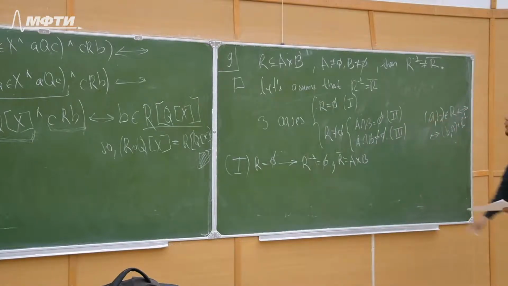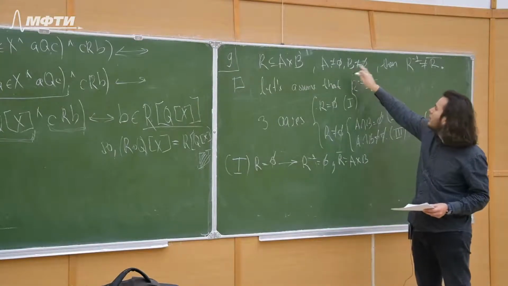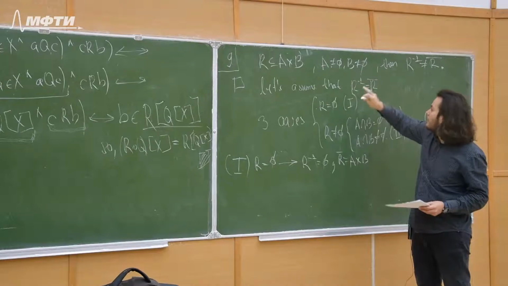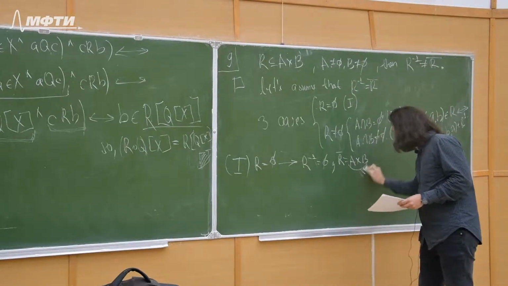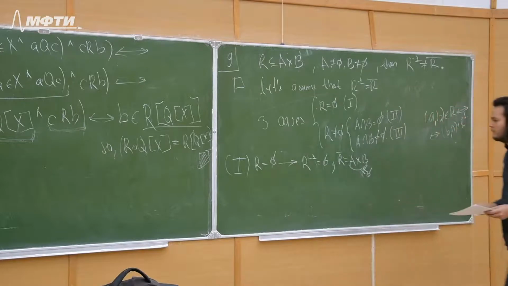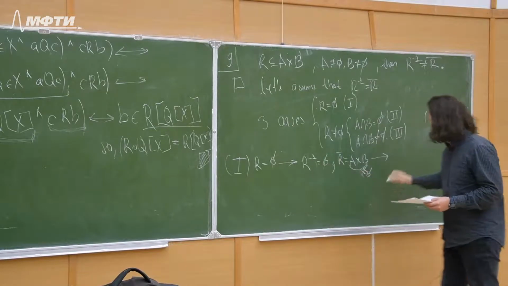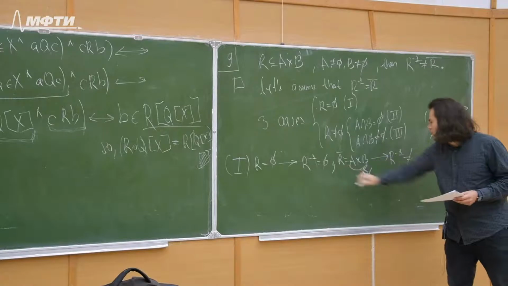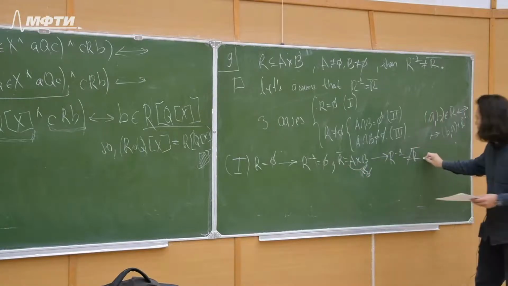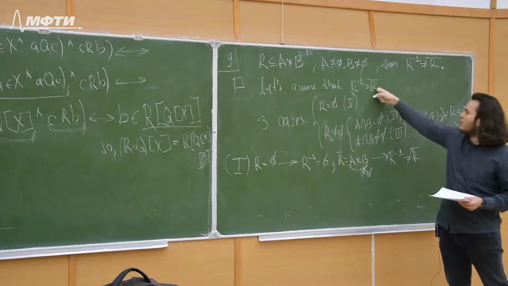And we know that A and B are non-empty. So this Cartesian product is non-empty. So we obtain that R minus 1 is not equal to the complement of R. So we got the contradiction, because we assumed that they're equal.